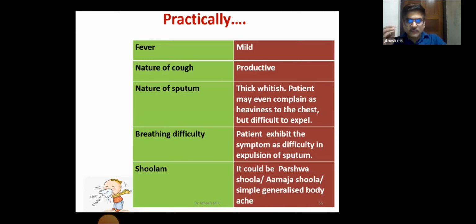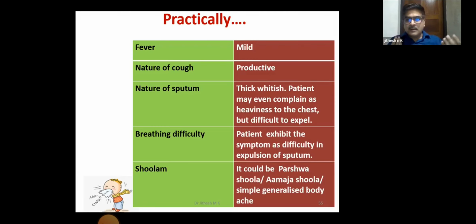If the nature of cough is much productive, the sputum is thick, severe whitish, the patient may even complain of heaviness in the chest, but very difficult to explain. In case of Swasa, breathing difficulty, the patient exhibits difficulty in expulsion of sputum. He says that there is some tightness of the chest, but I cannot speak it out.